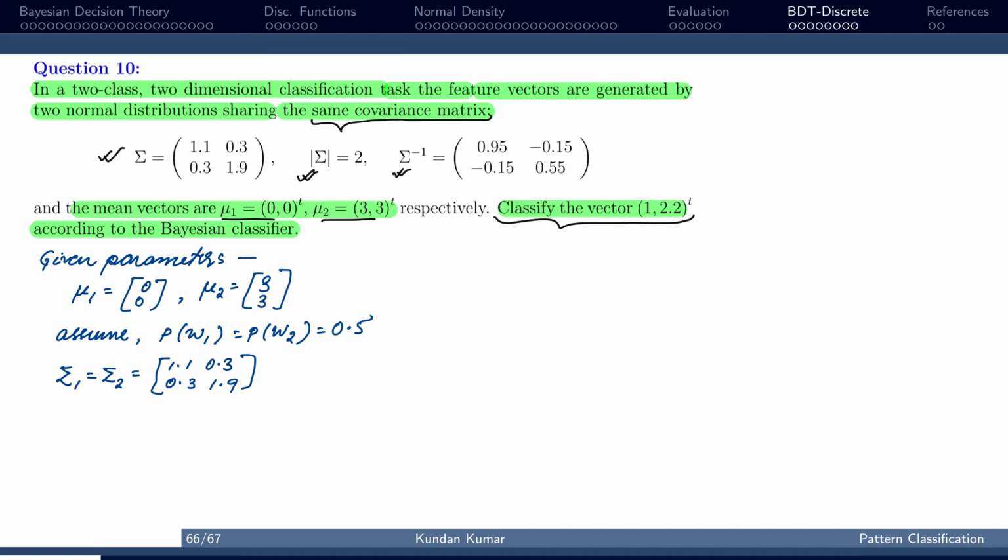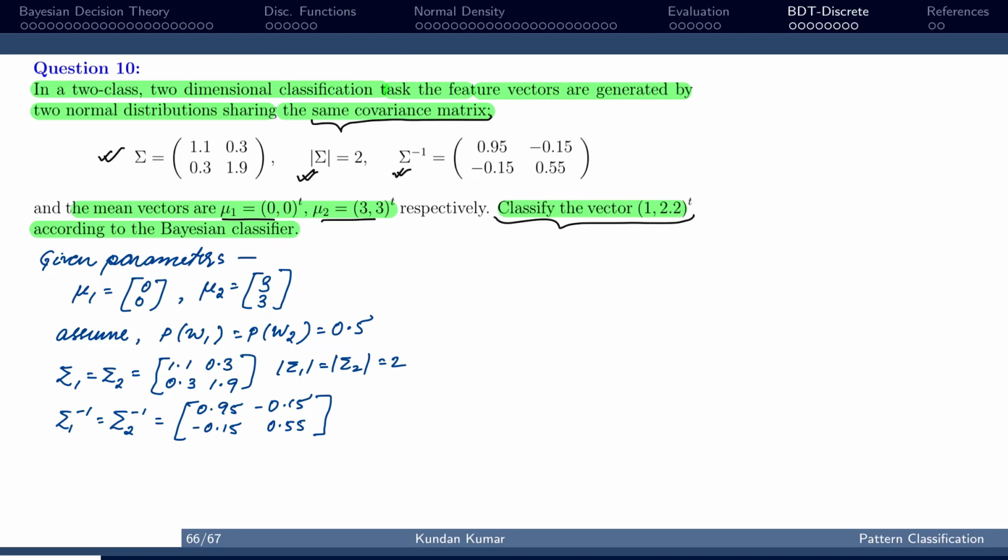And sigma 1 inverse equal to sigma 2 inverse equal to 0.95, minus 0.15, minus 0.15 and 0.5.